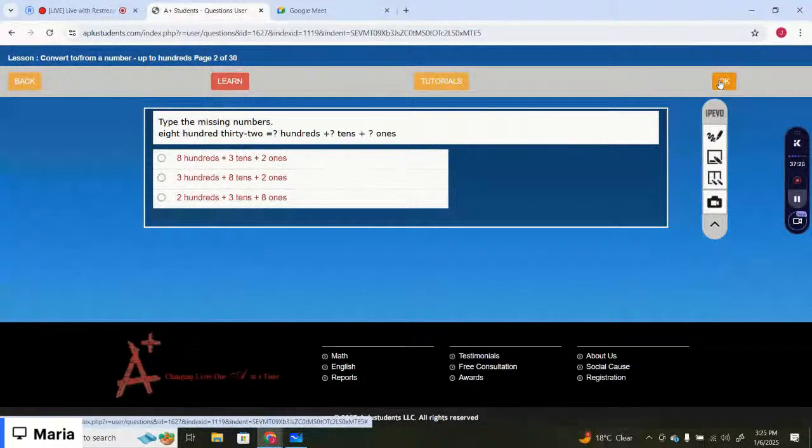Why? 832. 8 is at the hundreds position, 3 is at the tens, 2 is at the ones. That is 800, 3 tens and 2 ones. Option number 1 is the correct option.